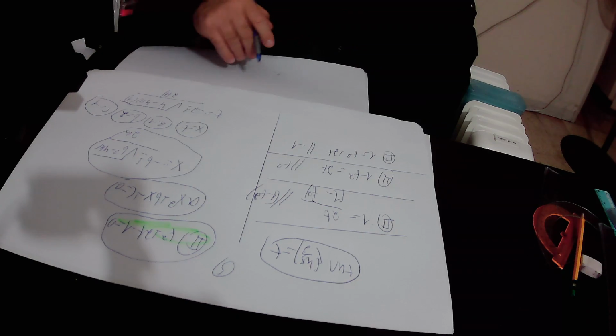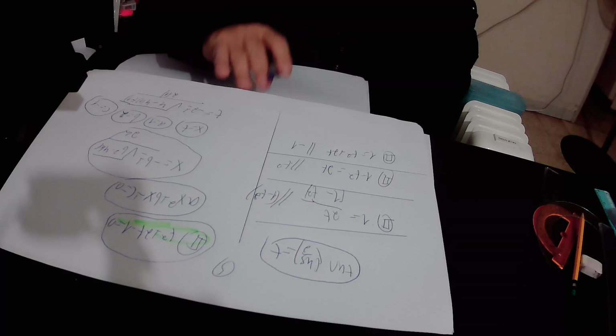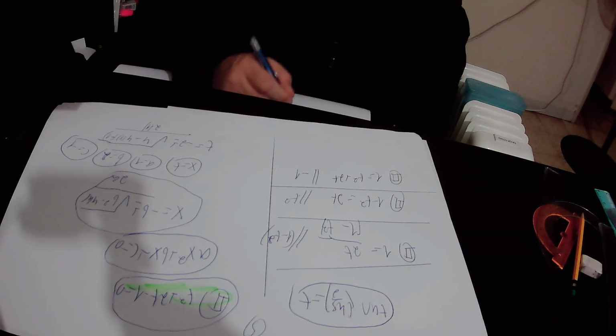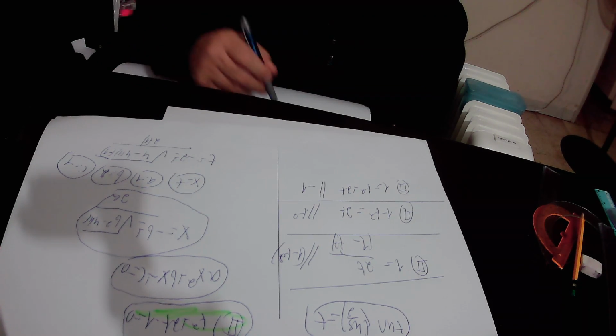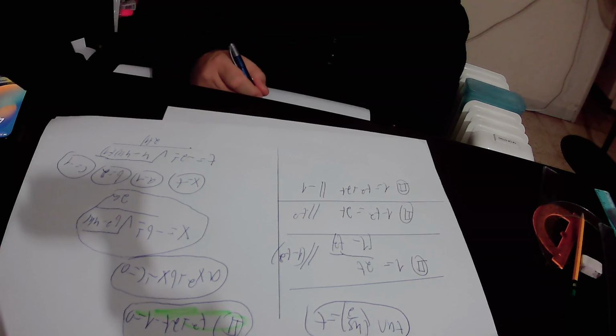So we actually found out that t equals minus 2 plus minus, inside the root we have 4 minus 4 times minus 1 is plus 4, so inside the root in total we have 4 plus 4, that is 8, divided by 2 times 1, that is 2.